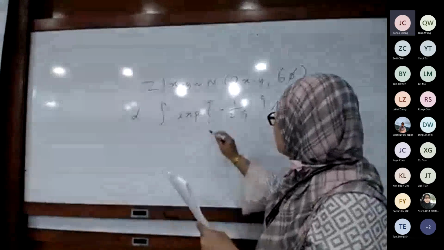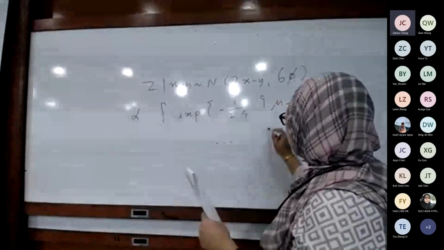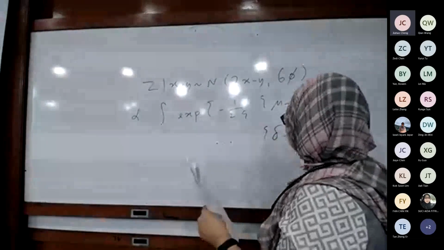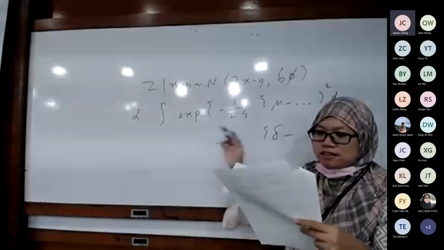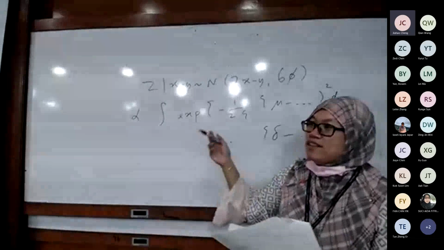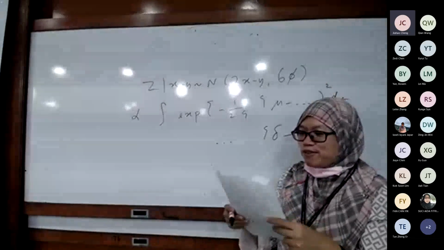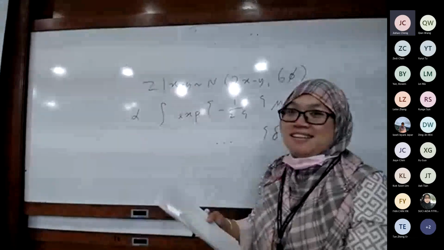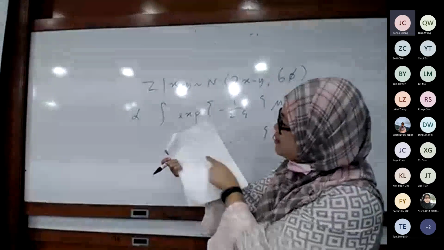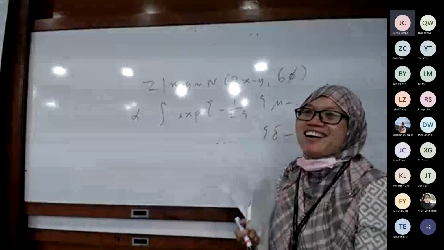The same with delta: delta minus the mean, squared. Then only you can integrate out the mu and delta. That part is at least 3 lines, because now you have the mu, the delta, and the leftover.